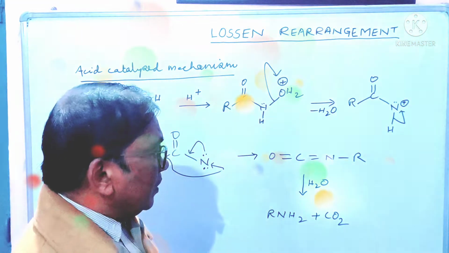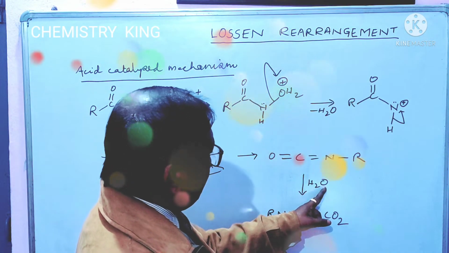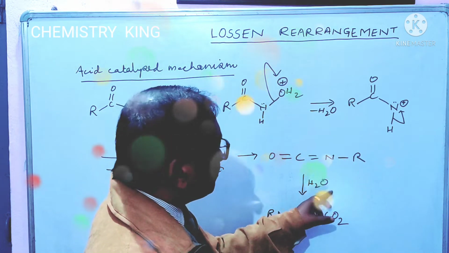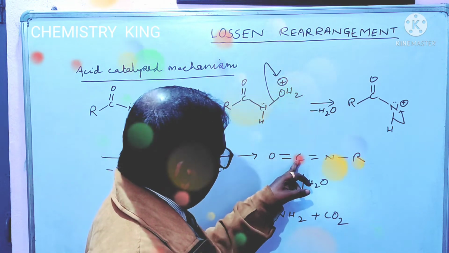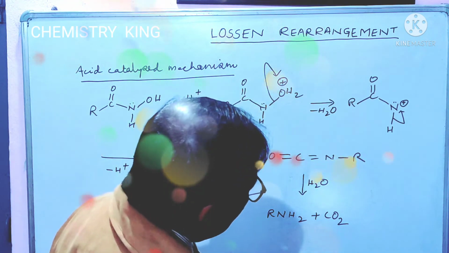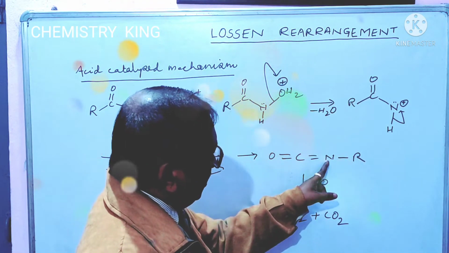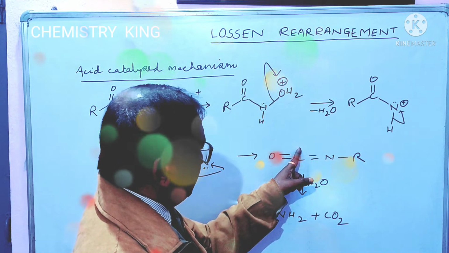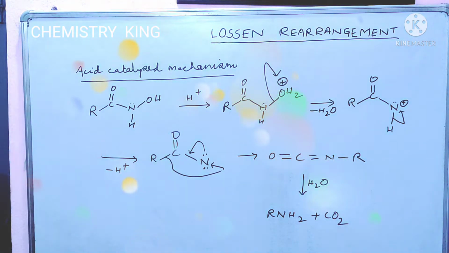When it is hydrolyzed, actually this oxygen has 2 lone pairs of electrons, and 1 lone pair will attack here. But in short, 2 hydrogens will come here, leading to amine, RNH2, and 1 oxygen will come here, leading to carbon dioxide. This is all about acid catalyzed mechanism.